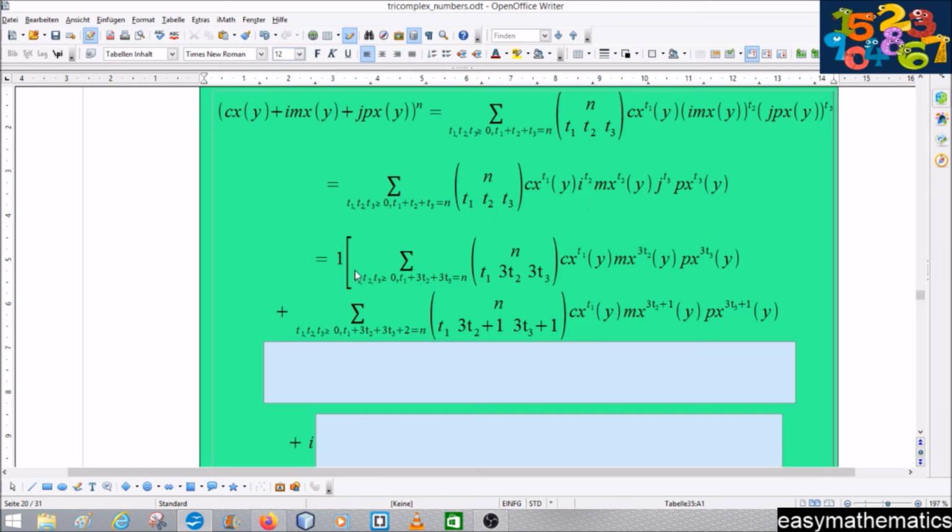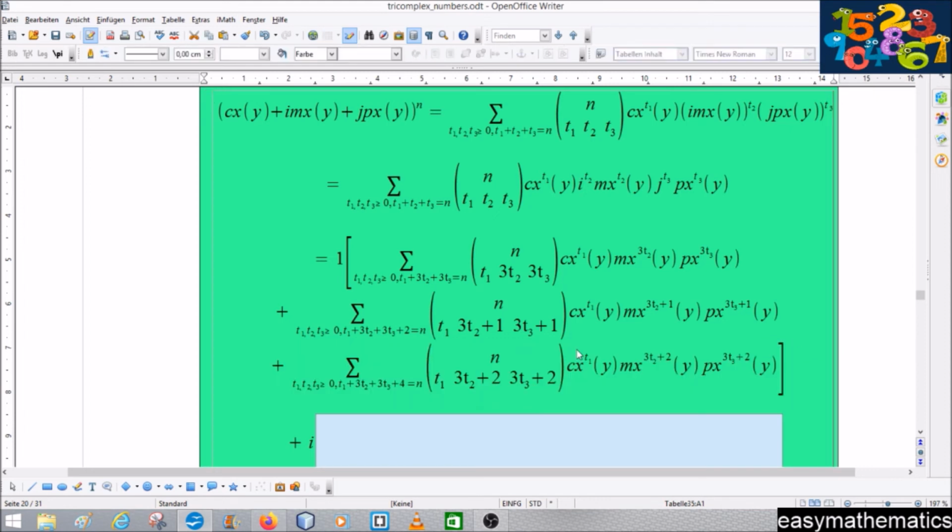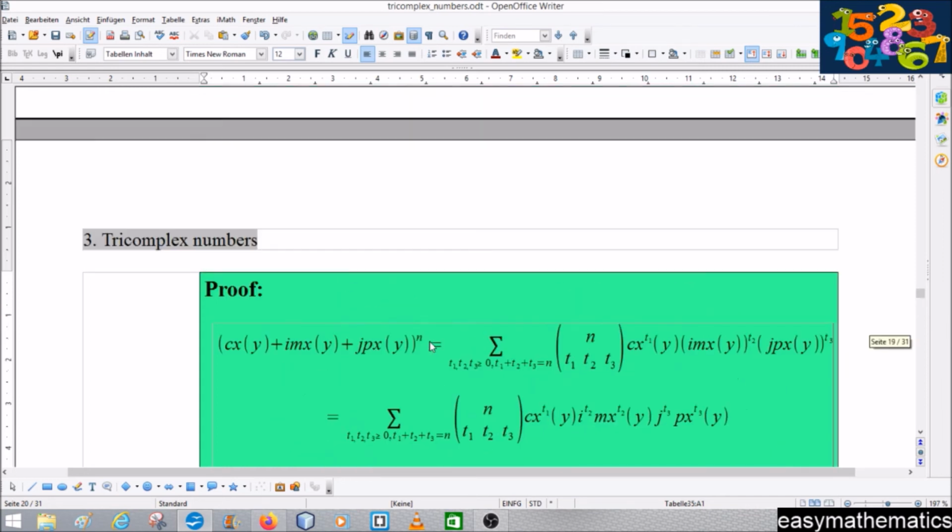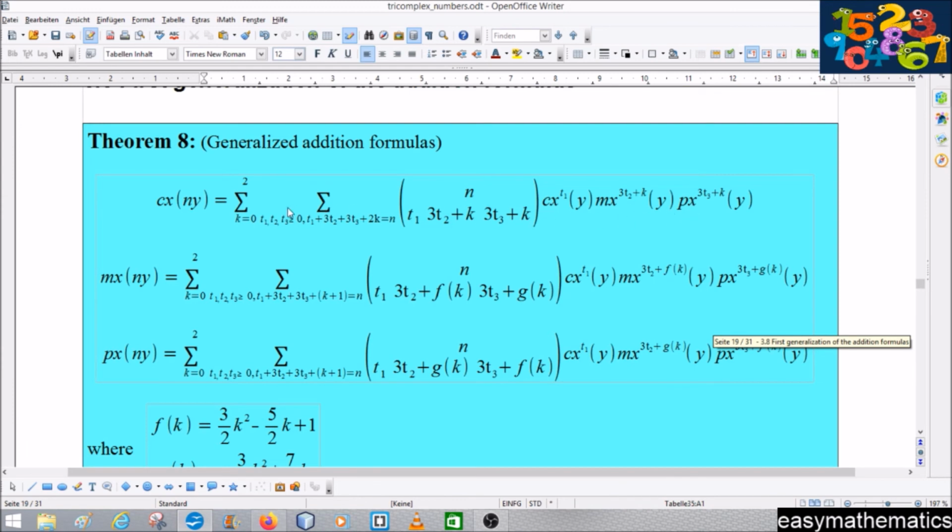And we contribute to 1 if i becomes j and j becomes i, in other words, if these two exponents have remainder 2 after division by 3. Alright? And now we see that these three sums we can write by adding a plus 2k here. So in here 0, 1 and 2, and here 0, 2 and 4. This is our first expression here, okay?